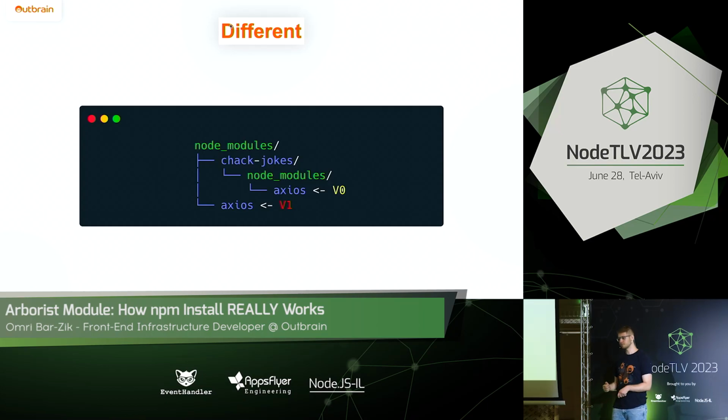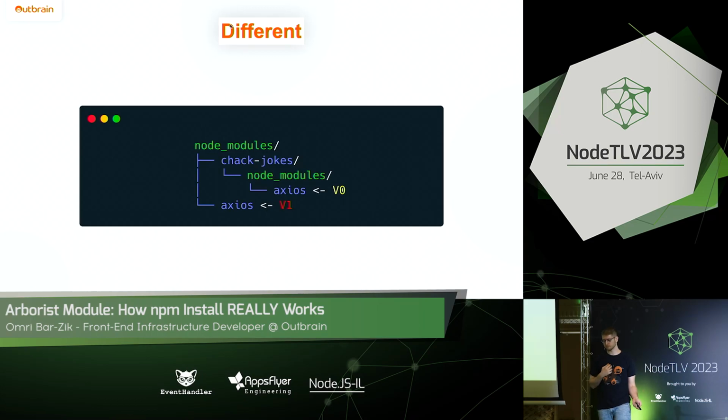This is because we said before that npm ensures that every dependency will get its required version no matter what. And because of that, npm will create multiple node modules directories for each package. Please note that ChuckJokes has Axios version 0 closer to it, and my project has Axios version 1 closer to it.